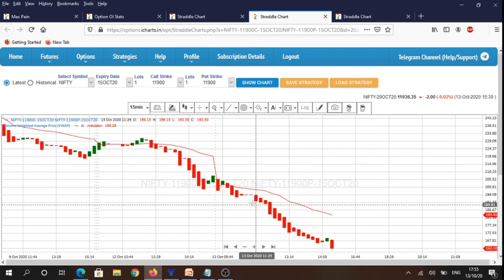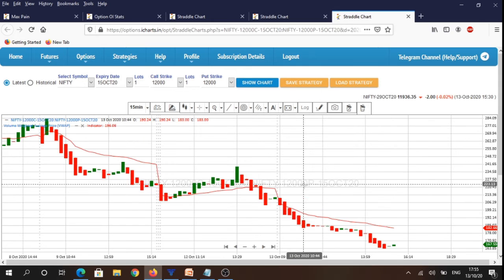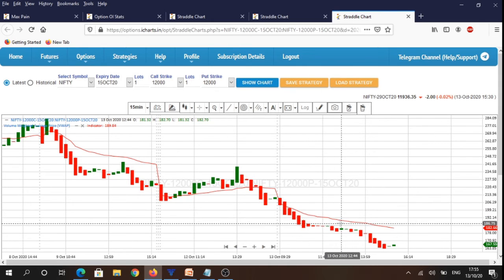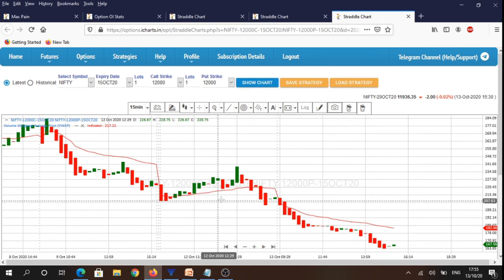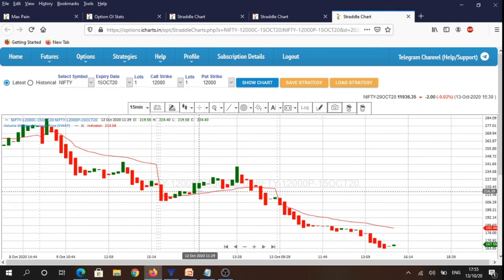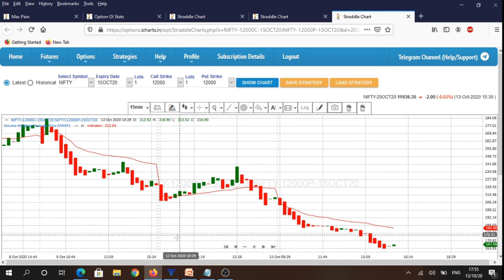What you will observe is that all these strikes were trending down today, which tells us that it was due to theta decay.